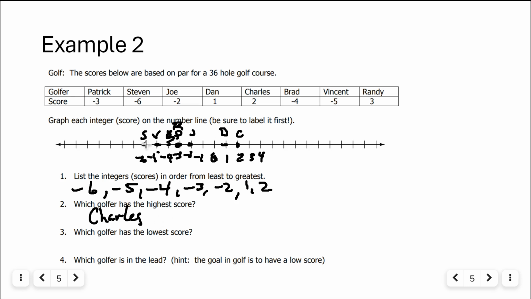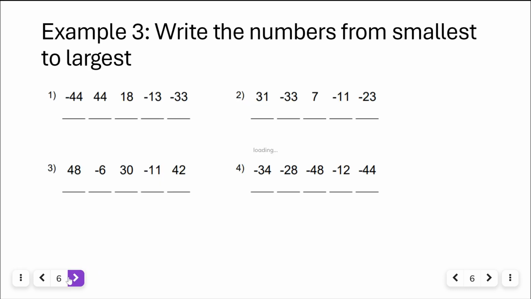The lowest score is over here, S. That's Stephen. And which golfer's in the lead? If you remember, in golf, the low score wins. So Stephen is in the lead because he has the lowest score. Okay, he's under par, 6 under par right now. That's a good score. All right, there's my answer.